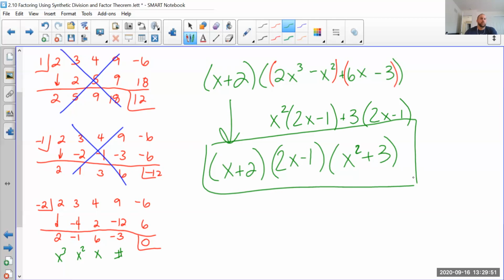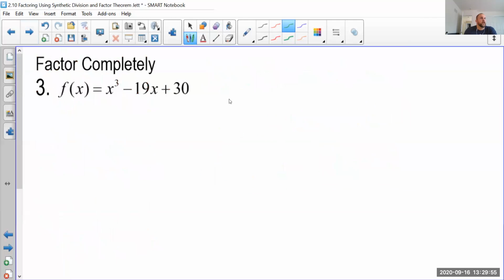All right, this last example, very last thing I want to show you. Just a little bit of a reminder. So possibilities here, my P's over Q's. This is just 1 out front, so it's going to be positive or negative 1, 2, 3, 5, 6, 10, 15, 30.